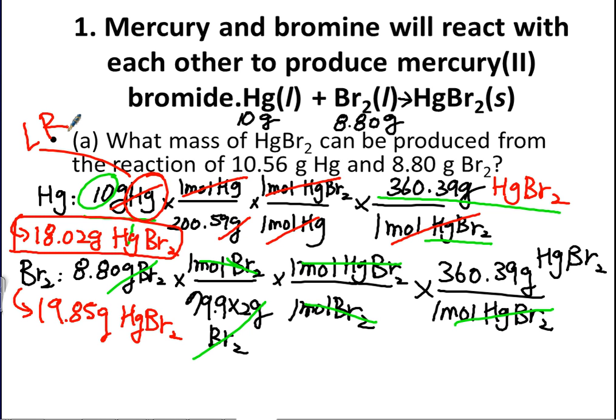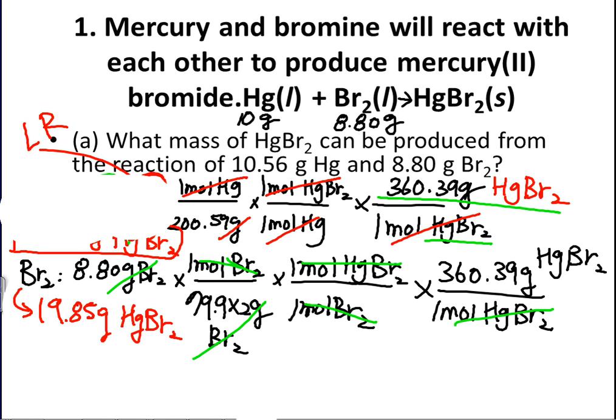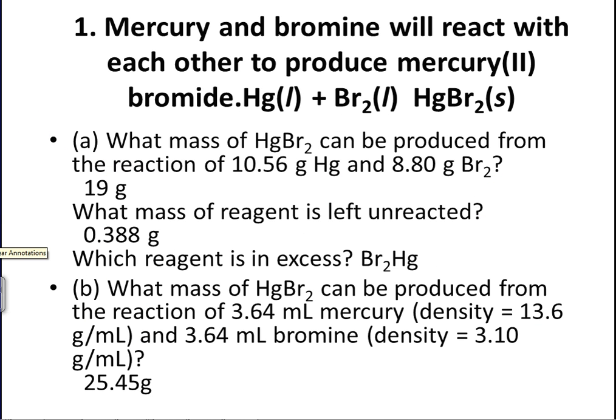So if I'm asking you how much is going to be left over, to figure that out I have to go from my limiting reactant to the excess. So let's figure out how to do that math. And Hg is my limiting, so I'm going to erase this. Yeah, that's fine. Good?